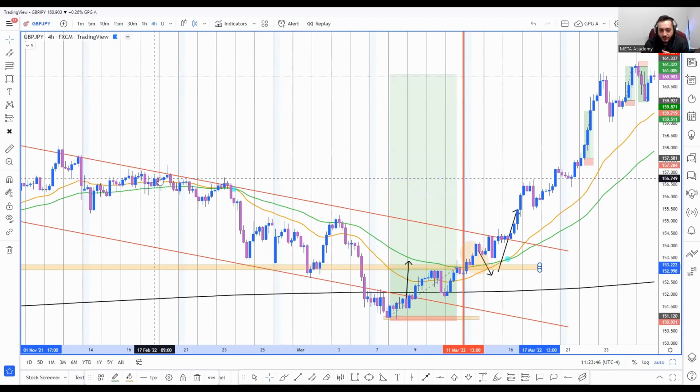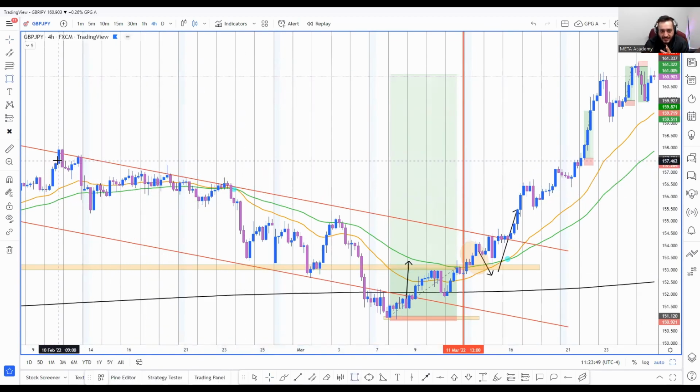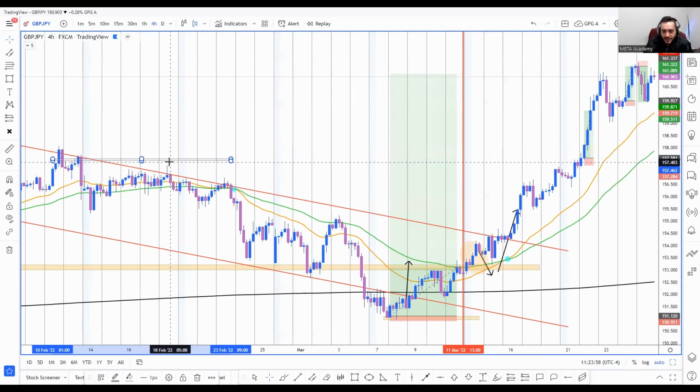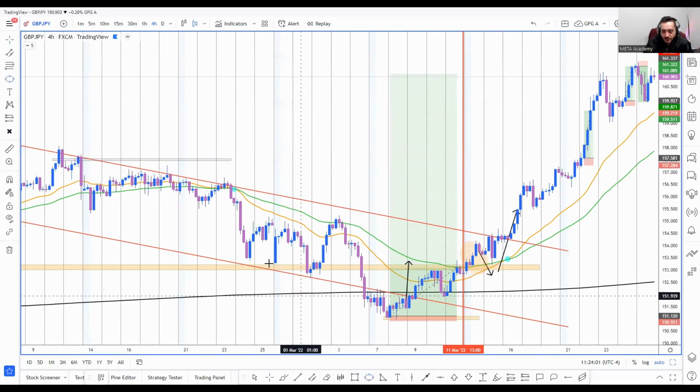So let's say right here, I'm just gonna give this as an example. Let's say you have this high up here and you're thinking that price should come here and stop on this area and go. So the two possible reasons price didn't go here, the wick didn't reach the zone.